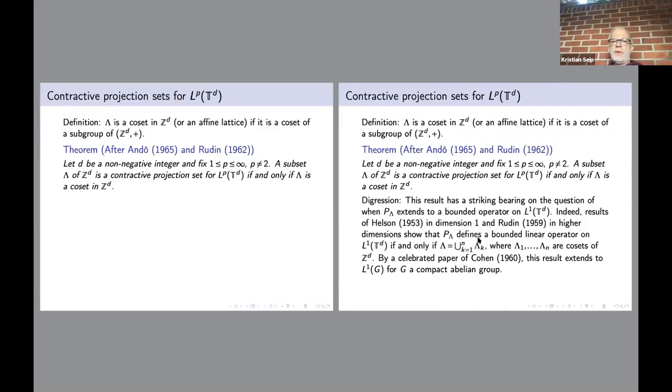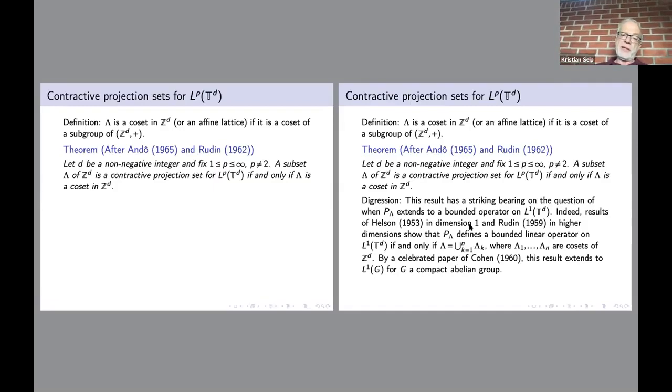Okay, so I added here something which is for us more of a curiosity, but I think it's worth mentioning. Of course, you may ask, but what about just boundedness? Now I'm speaking about contractive Fourier multipliers, but what about bounded Fourier multipliers?